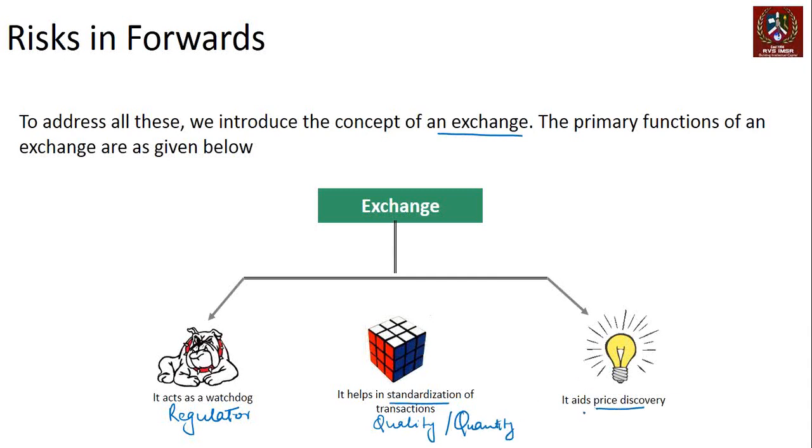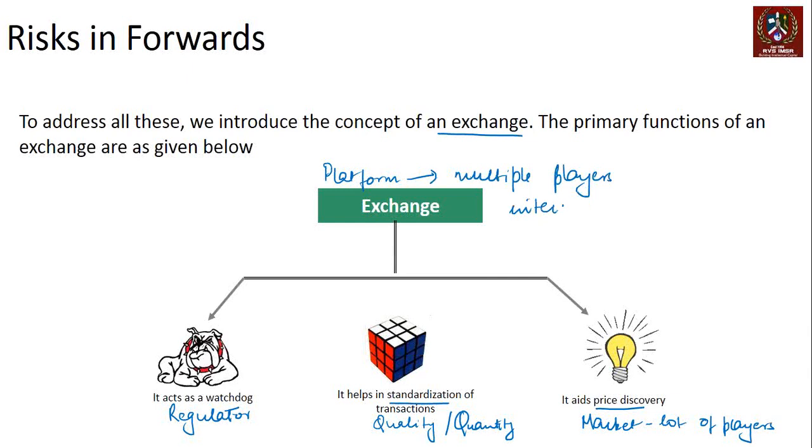And it aids price discovery purely because it's a market where multiple participants or a lot of players come in, right? That's the function of an exchange. Exchange is essentially a platform where multiple players interact, right? So multiple players interact, and it is the responsibility of the exchange to ensure that there is no sort of default risk.